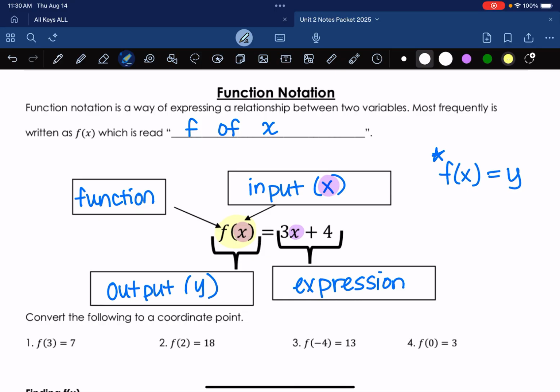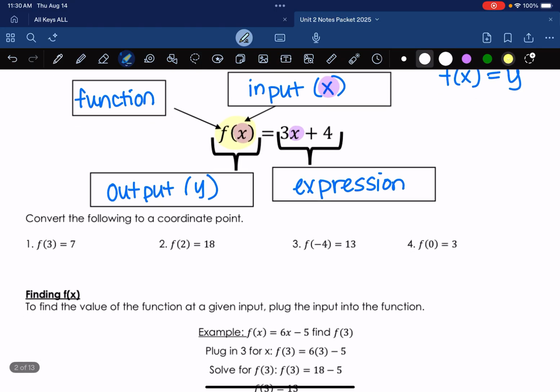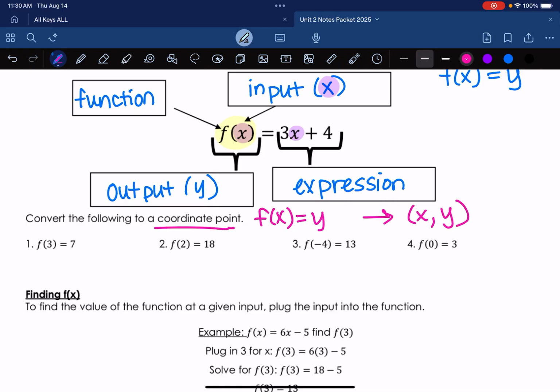X and y always go together. So if we look at it this way, one way to remember this is f of x is equal to y. A coordinate point is the point x comma y. So function notation just simply means that the x value is 3 and the y value is 7.